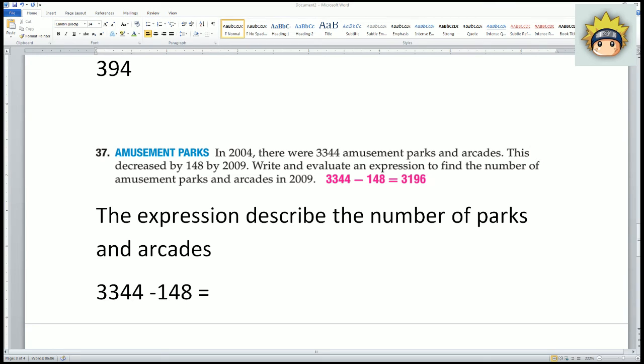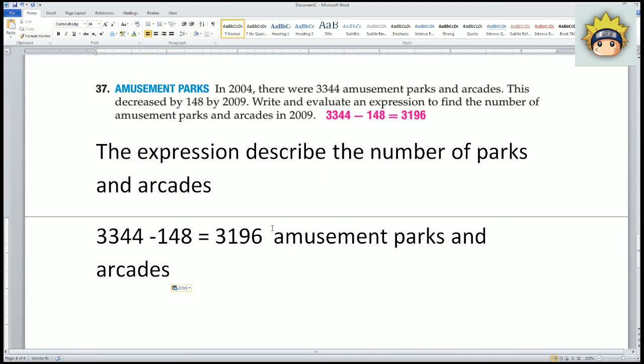Once you do the subtraction, you get 3,196 amusement parks and arcades. Make sure you put what this number represents. The 3,196 represents the amount of amusement parks and arcades in 2009. All right, and that is it for the homework.